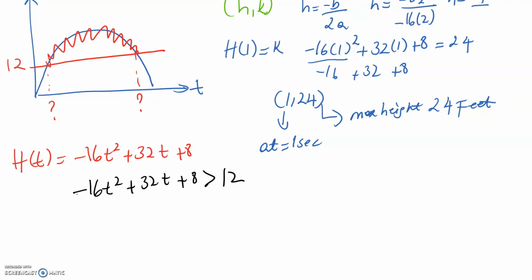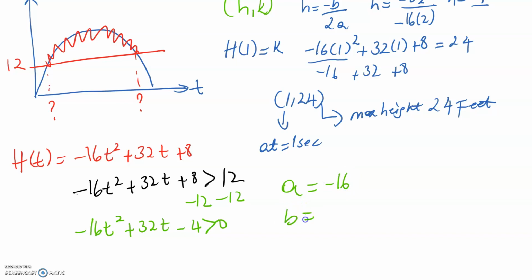So you move 12 to the other side, and it's greater than 0. How are we going to do that? We're going to enter all values again, but this time c will be changed. A will be negative 16, b will be 32, and c will be negative 4.